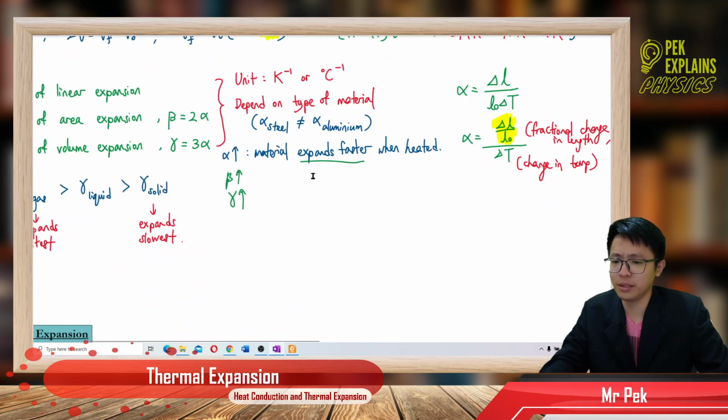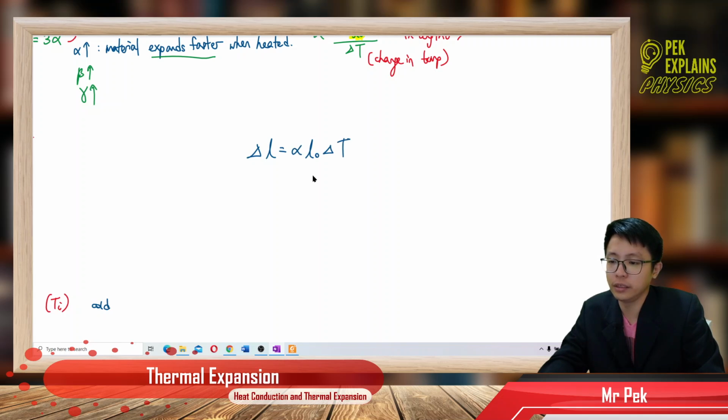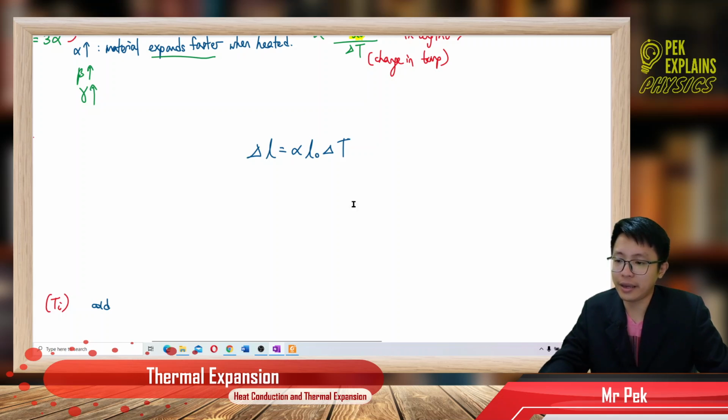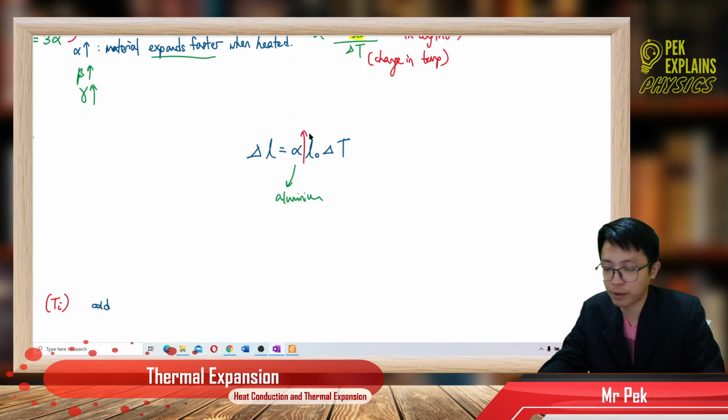Let us look carefully here. Delta L is equal to alpha L naught delta T. The higher the alpha, that means I use something like aluminium, which expands very fast.